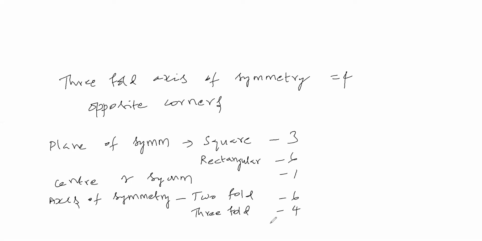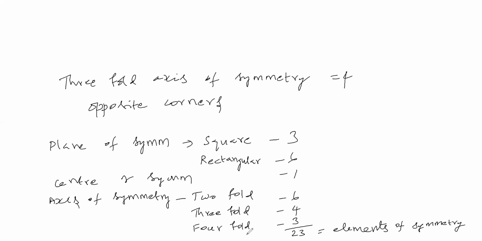That is 4. Next, we discussed a fourfold axis of symmetry, which is passing through opposite face centers. That is 3. So totally we get 23. This 23 is called elements of symmetry.